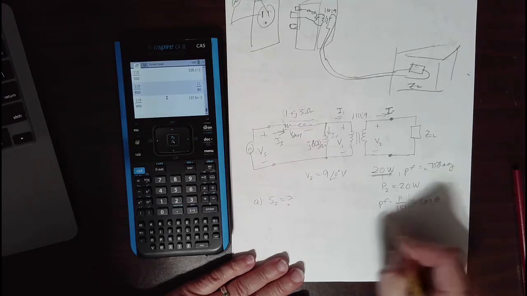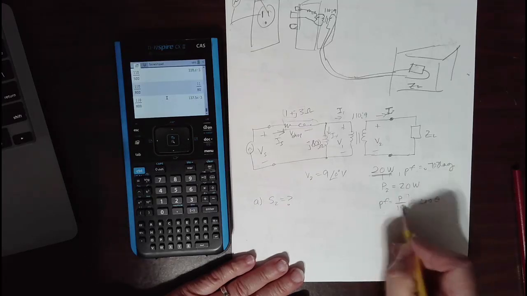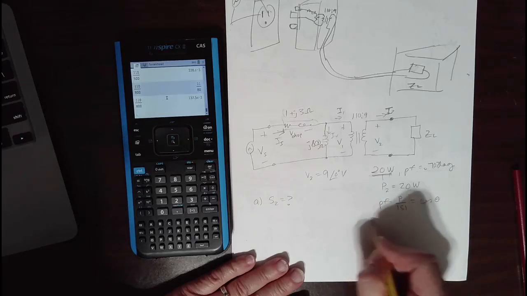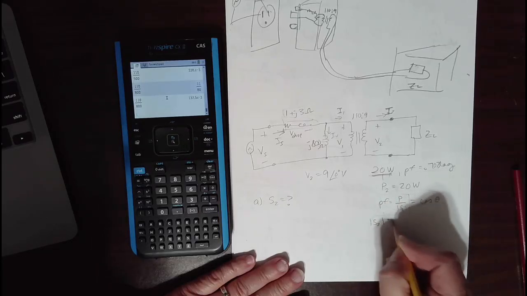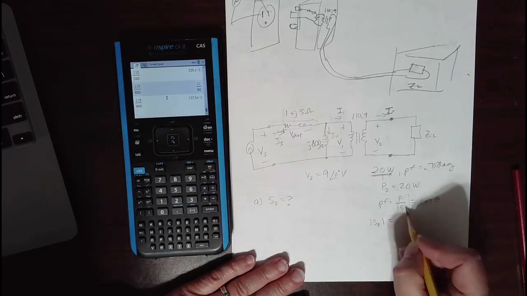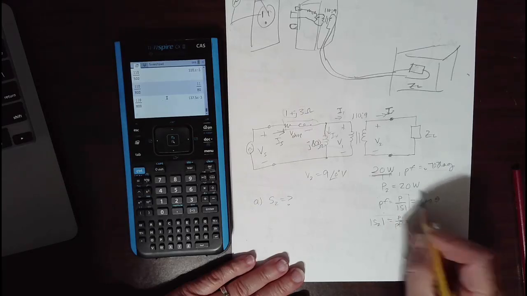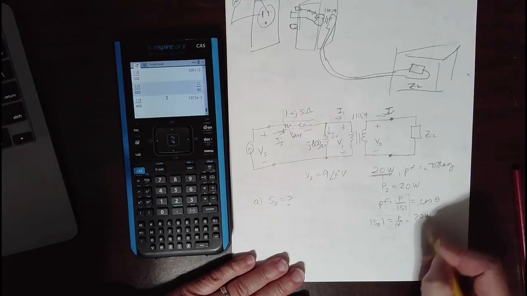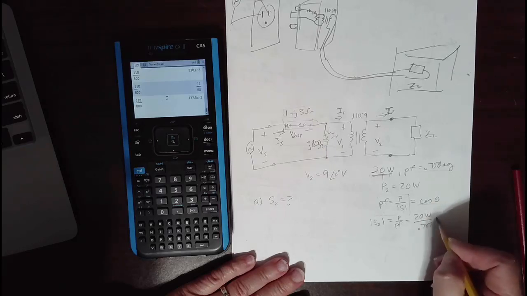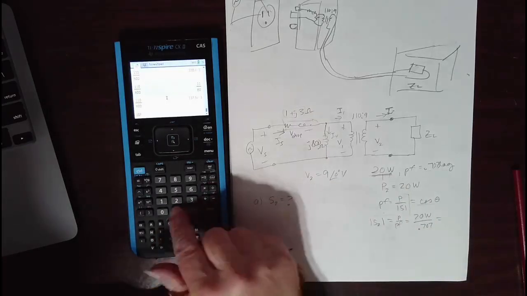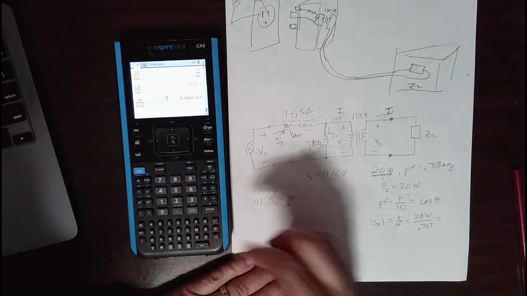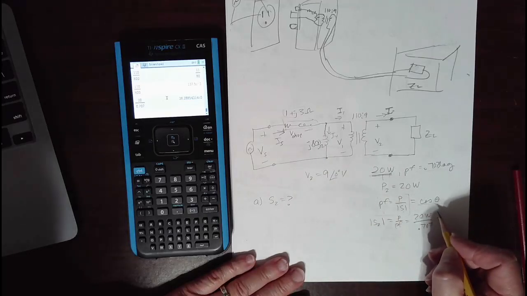So we can use this first part of it to get the magnitude of S. The magnitude of S2 in this case, just multiply through and divide through by the power factor, is P over the power factor. And so we've got P is 20 watts, power factor is 0.707. So we got 20 divided by 0.707, 28.3.